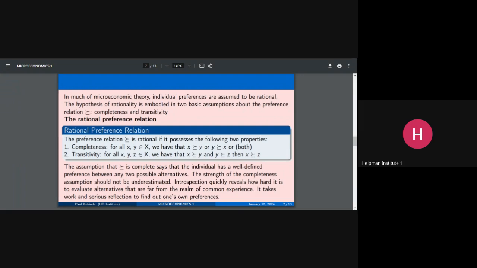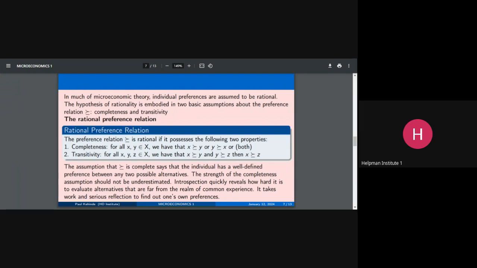I prefer orange to banana for lunch. All right. So for my dinner, it also means that I prefer apple to what? To banana. So that is what transitivity means.